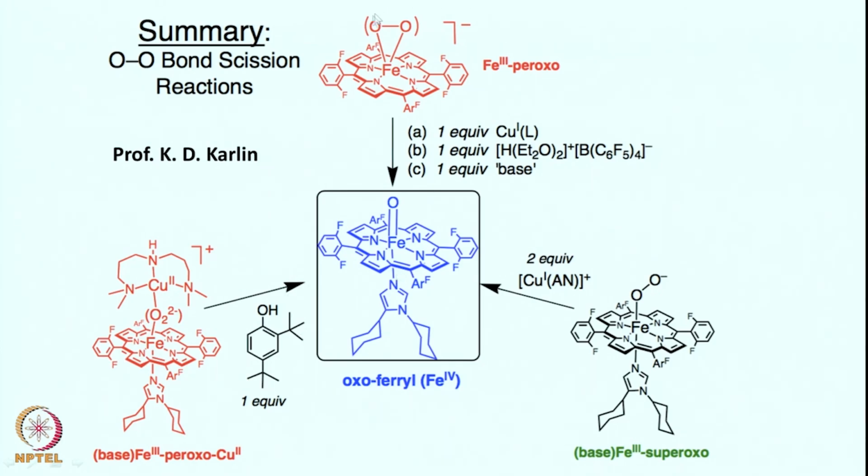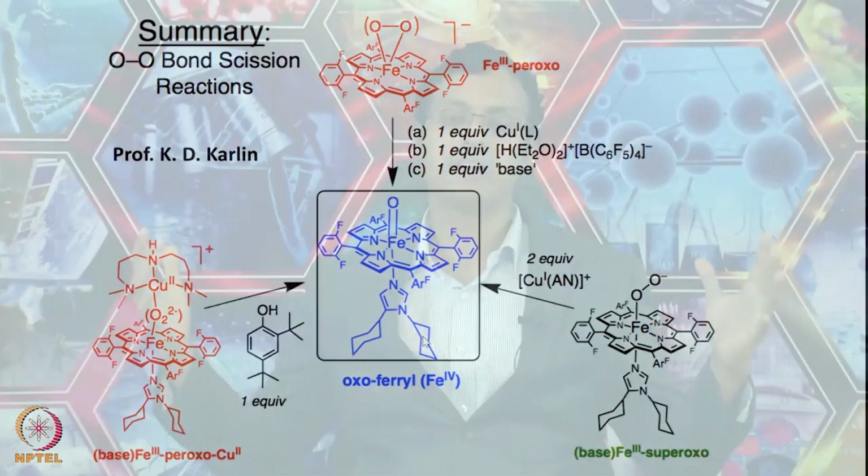You can start with a peroxo, upon adding one more electron from the outside, and then one equivalent of copper, one equivalent of proton, and one equivalent of base. Overall, all the paths lead to the same product. So different routes lead to one target, and that is oxygen bond cleavage to give water, and that is phenomenal.